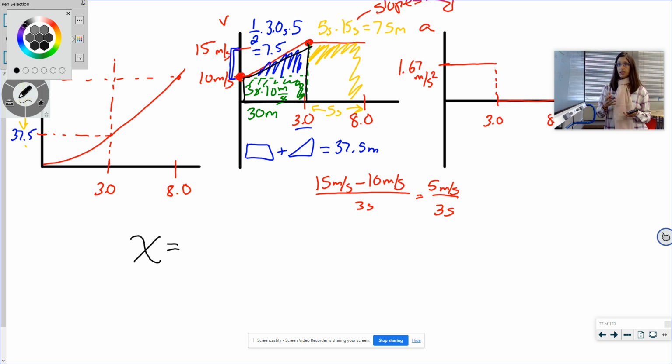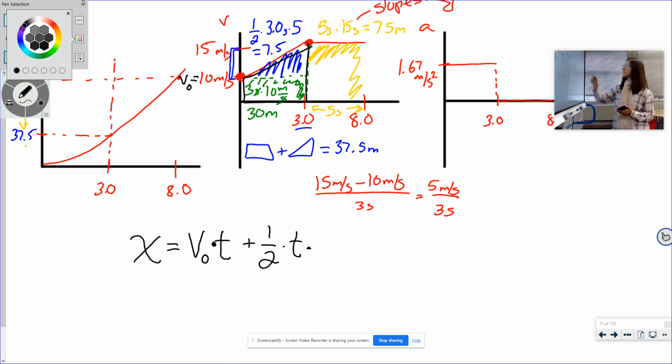First, we calculated the rectangle. The rectangle has some initial velocity for the height, and that happened for some amount of time. Then we had to add the triangle, which is 1/2 the base of the time times the height.